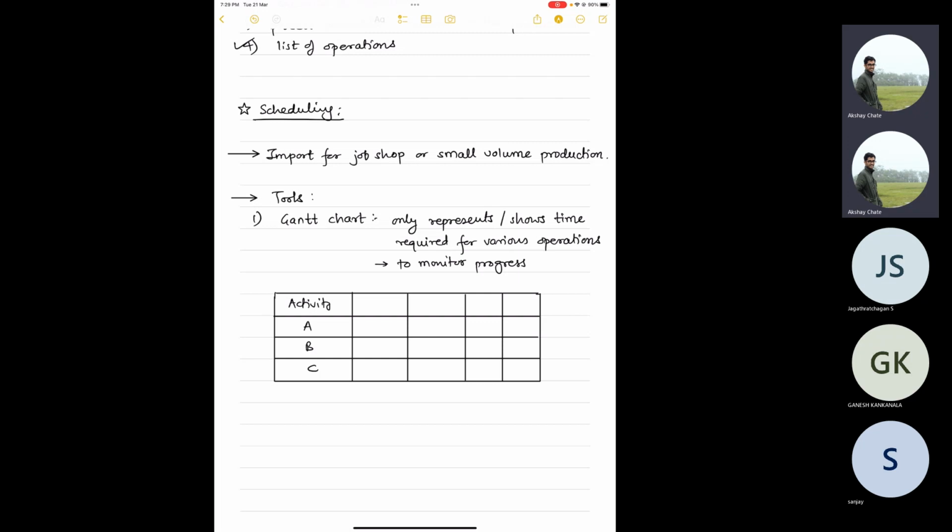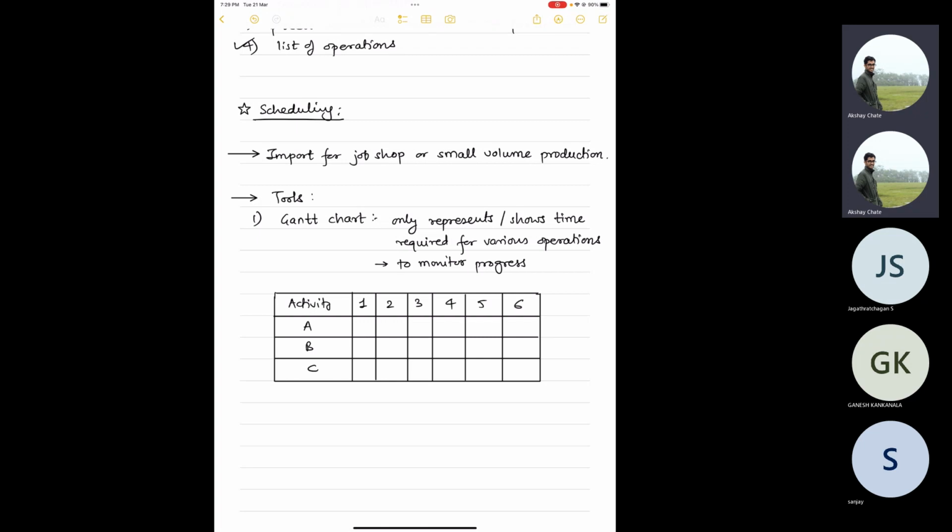Sorry for the unequal distribution of columns, but I'm drawing it by hand, so please bear with this. So you'll have time, let's say days, 1, 2, 3, 4, 5, 6 days, like that.